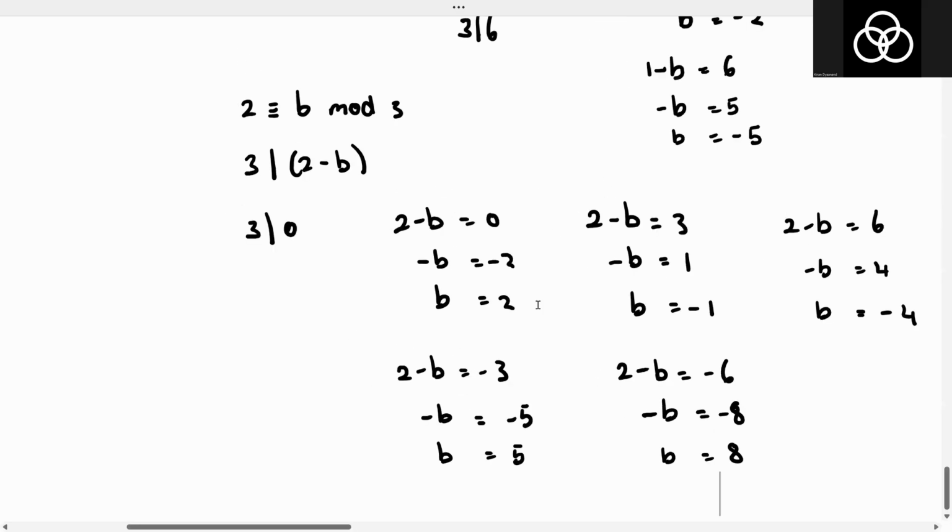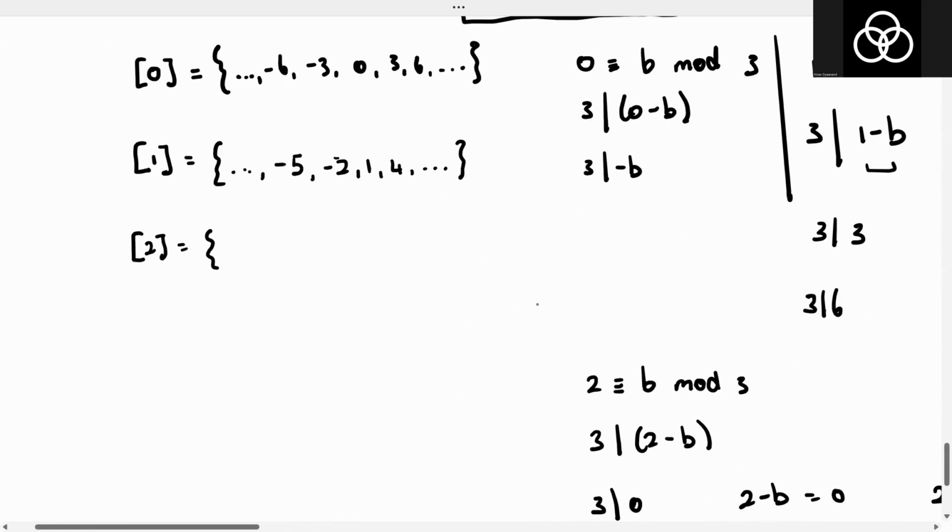So the equivalence class of 2, we would have minus 4, minus 1, 2, 5, 8, and so forth and so forth, right?